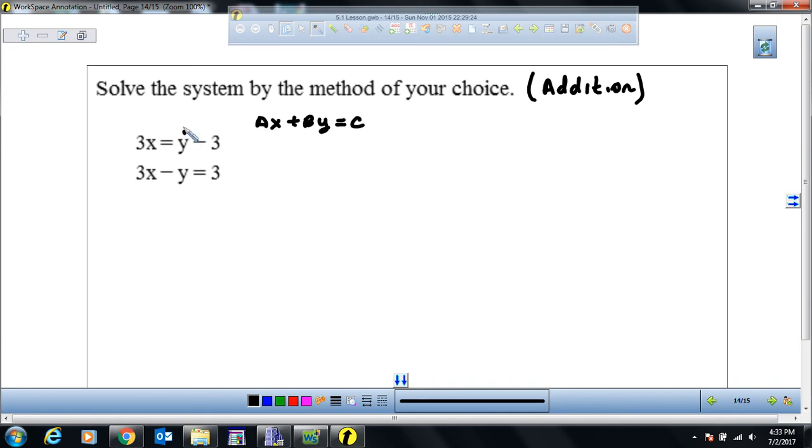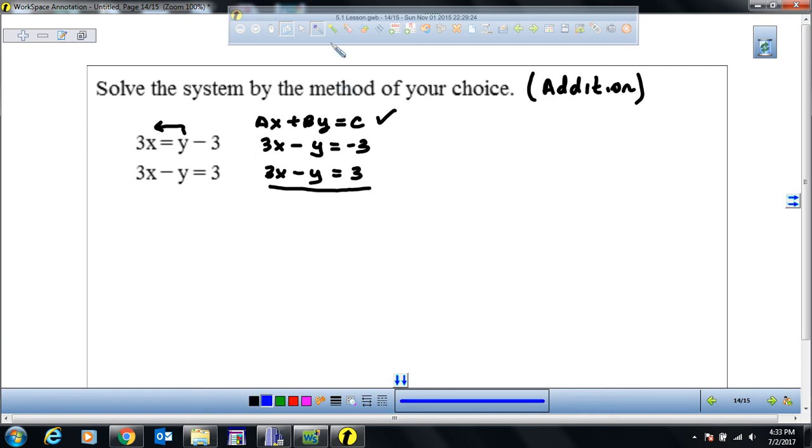In other words, I need to move the y over to the left side on the first equation, and that is going to give me 3x minus y equals negative 3. I just changed the y to a negative y. Then the second equation is already set up: 3x minus y equals 3. So now both equations are in the form ax plus by equals c.